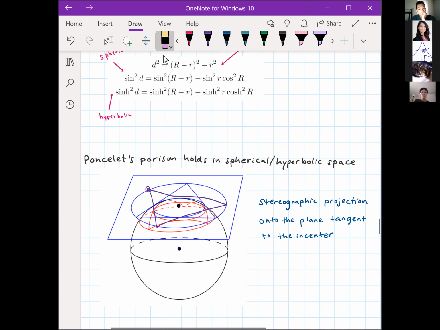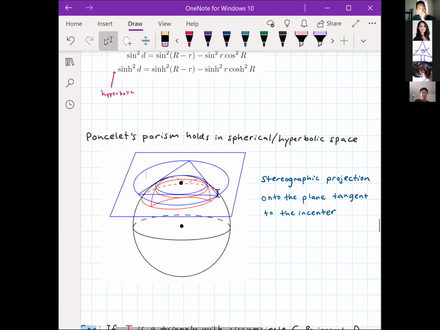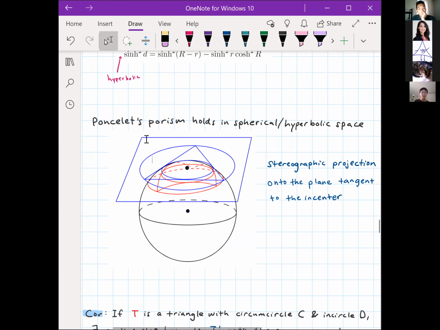You can do something similar for hyperbolic space using the Klein model, but I won't really be talking about that in any more detail than that. Okay, but anyway, the important thing to take away is that we can use Poncelet's Porism even if we're not on just a flat plane.